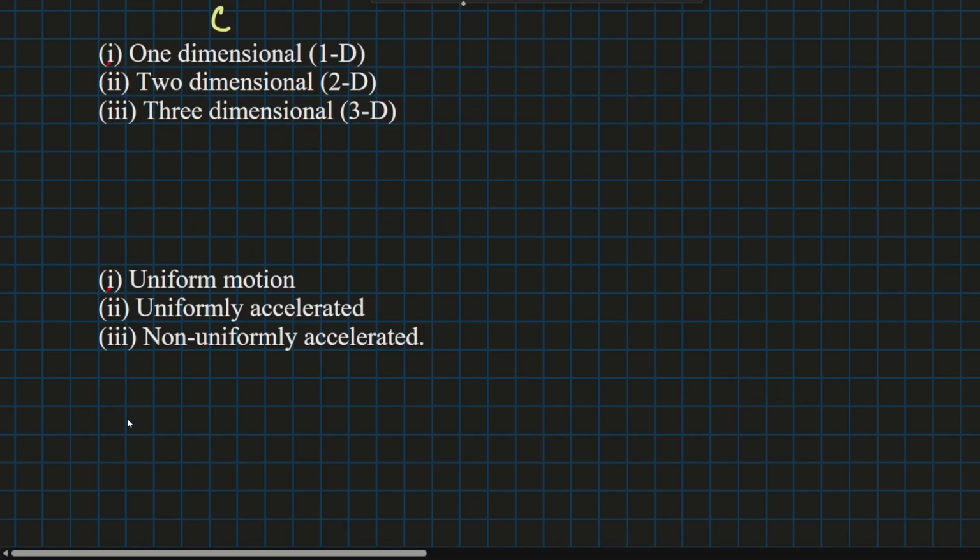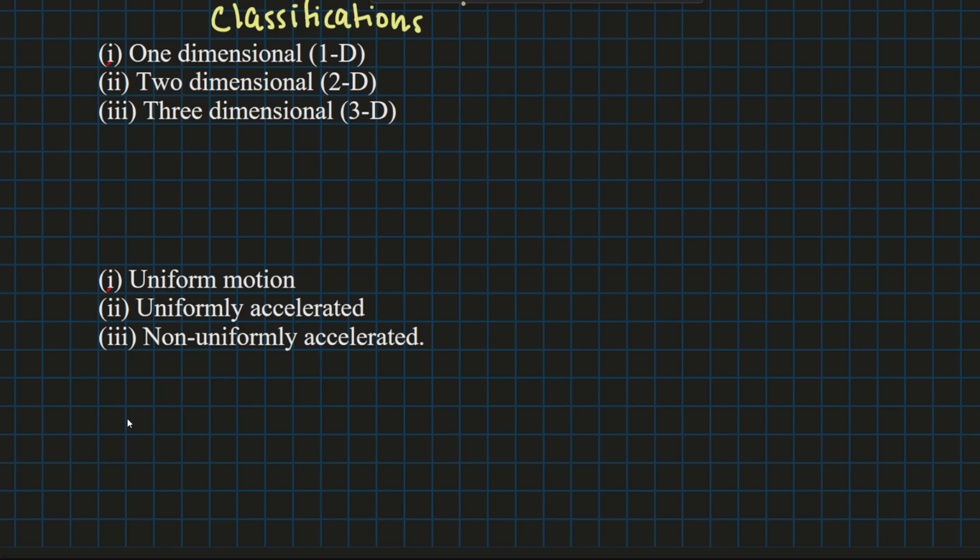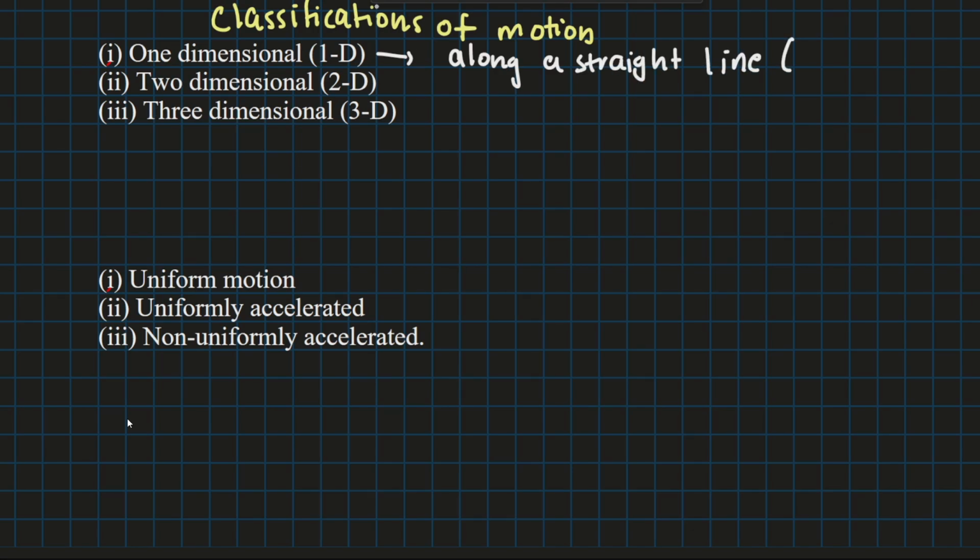Now there are some classifications that we need to keep in mind, which would make our work quite easier. There is something known as one-dimensional motion, which is along a straight line. As I had said, it's also known as 1D motion. In 2 dimensions, the body moves in a plane, that is, it has x and y coordinates.